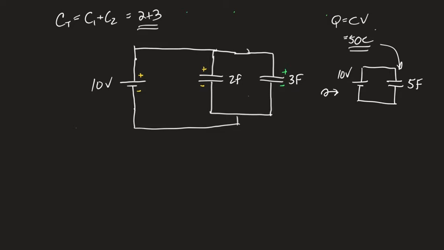Does that track? Well, the charge on this capacitor had to be C times V, and the charge on this capacitor had to be C times V. 20 plus 30 equals 50. That seems to track.